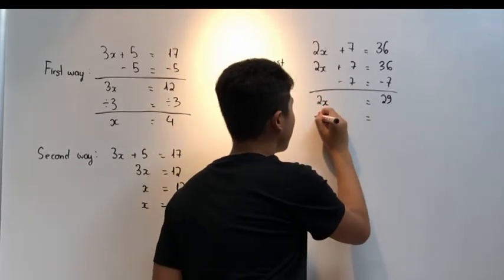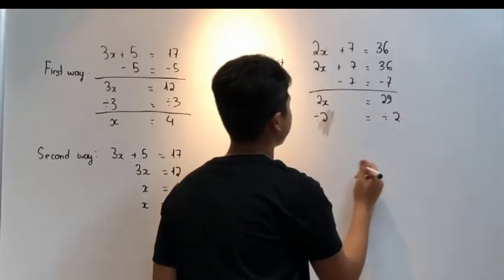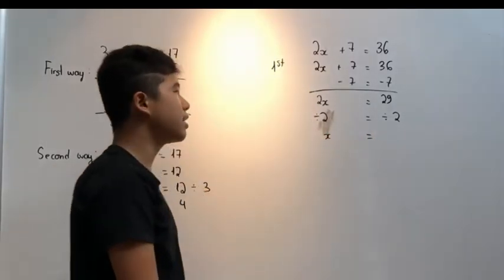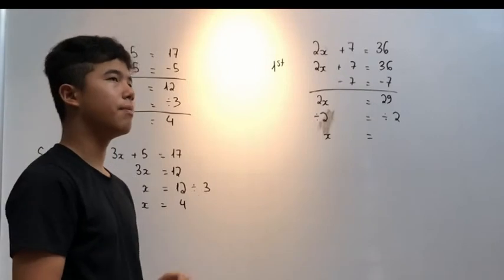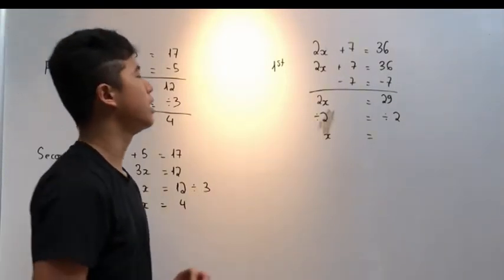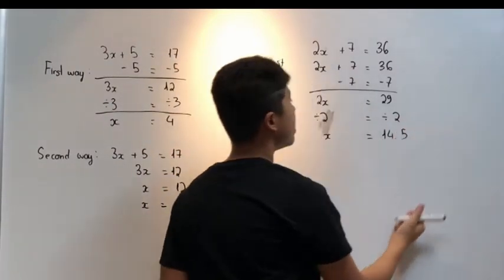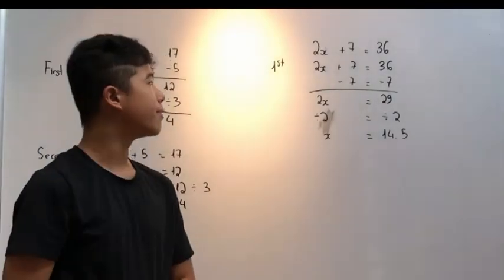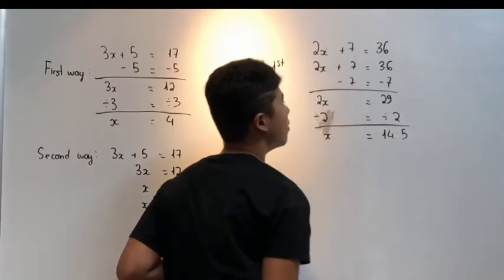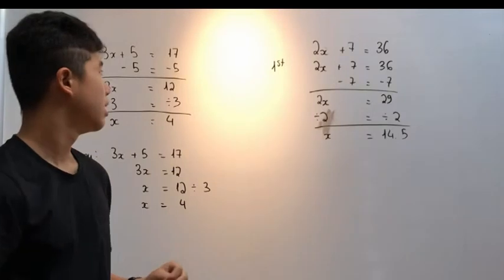This one just divided by 2 to get rid of 2, and this one divided by 2. 2 divided by 2 is 1, so 1 times x is x, and 29 divided by 2 will be 14.5. So the answer is 14.5. You might wonder why the answer is a decimal. It is completely normal for the answer to be a decimal.